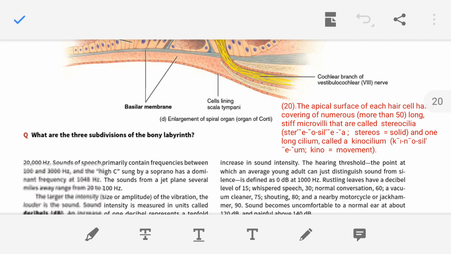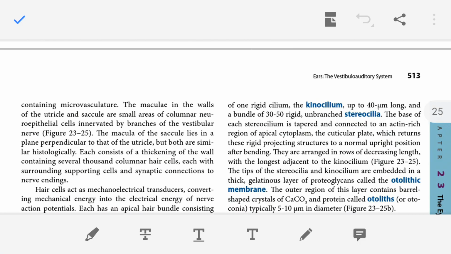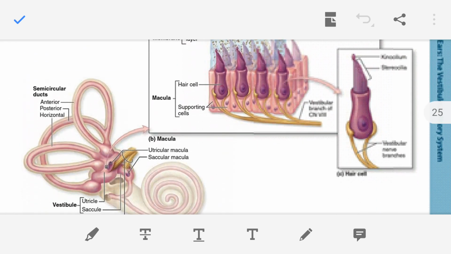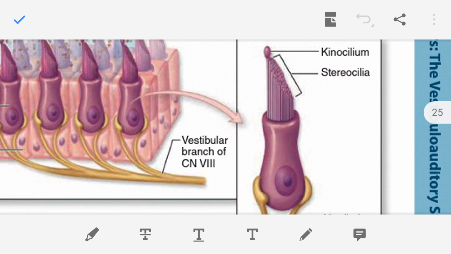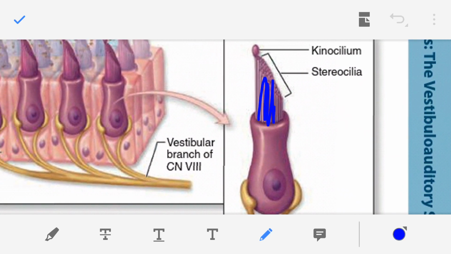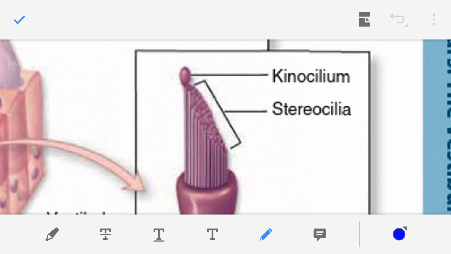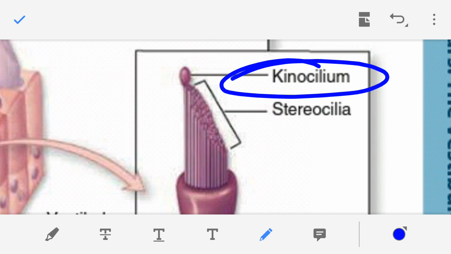So in the figure I'm showing you this kinocilium. See, in this figure, the hair cell. These are all microvilli known as stereocilia, and one long cilium known as kinocilium.